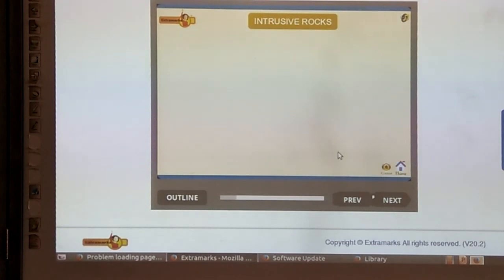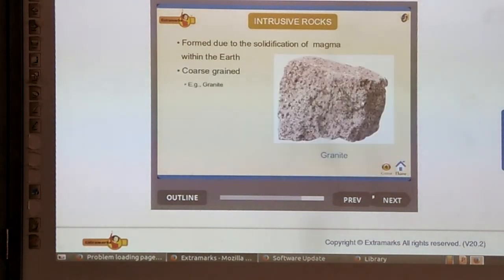Intrusive rocks. These are formed due to the solidification of magma within the Earth. It is coarse-grained. Examples are granite. Landform formation: batholith, laccolith, sill, dike.